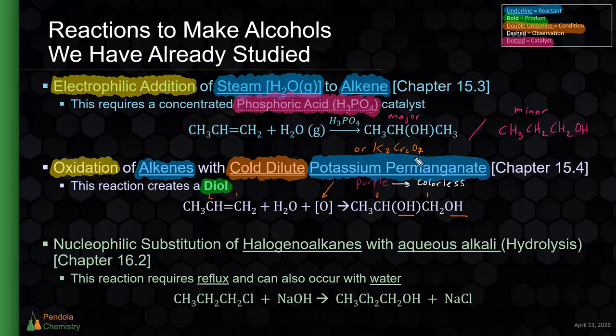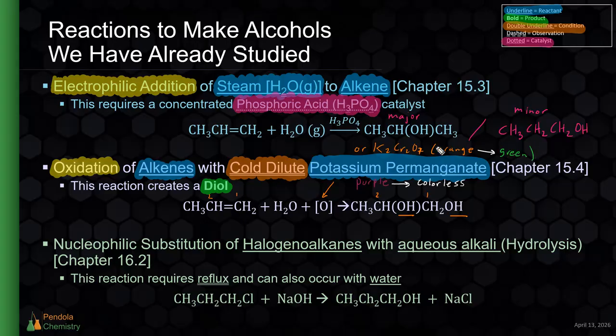In the case of the dichromate, we also get an observation, which is that the dichromate will go from orange to green. So we'll get a color change with the dichromate, but the color change would be different, and the dichromate will go from orange to green.